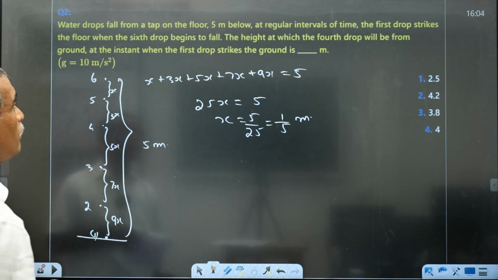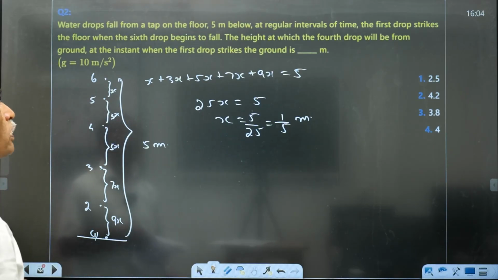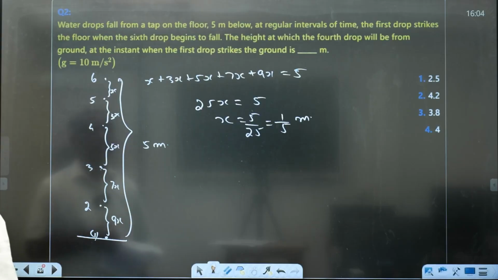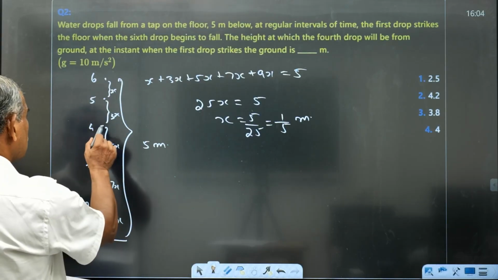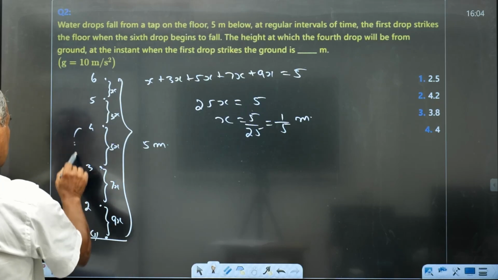Now what is the question? The height at which the fourth drop will be from the ground at the instant when the first drop strikes. This is the fourth one, and what is this height?